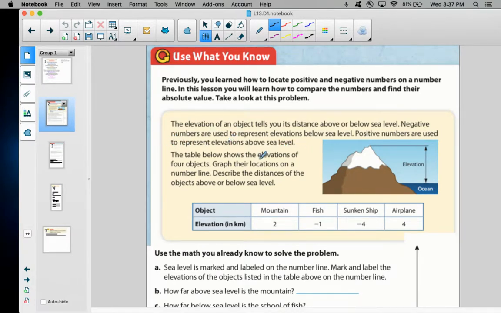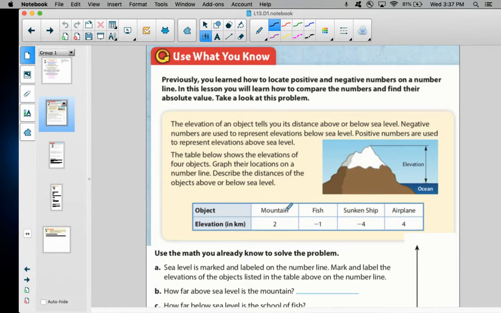The table below shows elevations of 4 objects, and we are going to graph their locations on a number line and then describe and talk about the distances of the objects above and below sea level. So you can see that we have a picture here of a mountain, and we have the ocean here, and the mountain actually goes into the ocean.